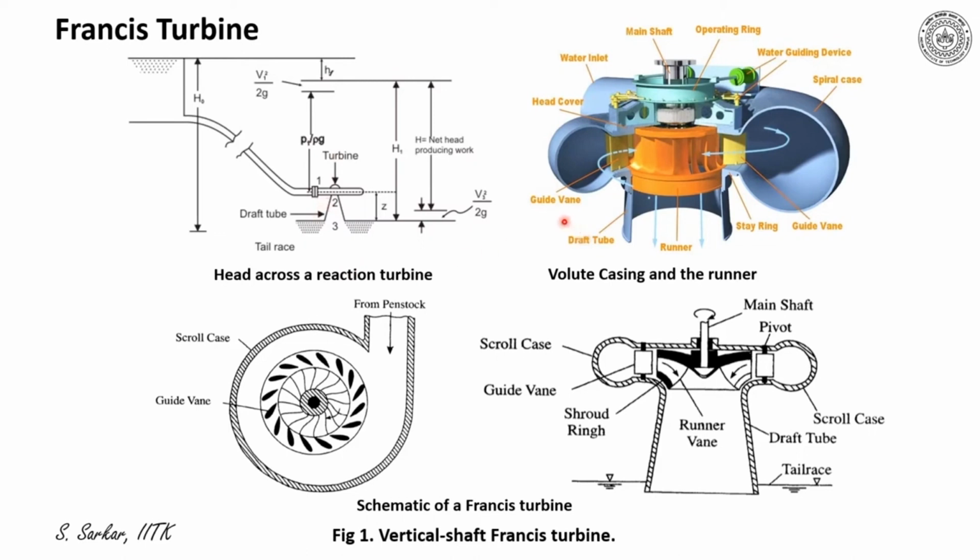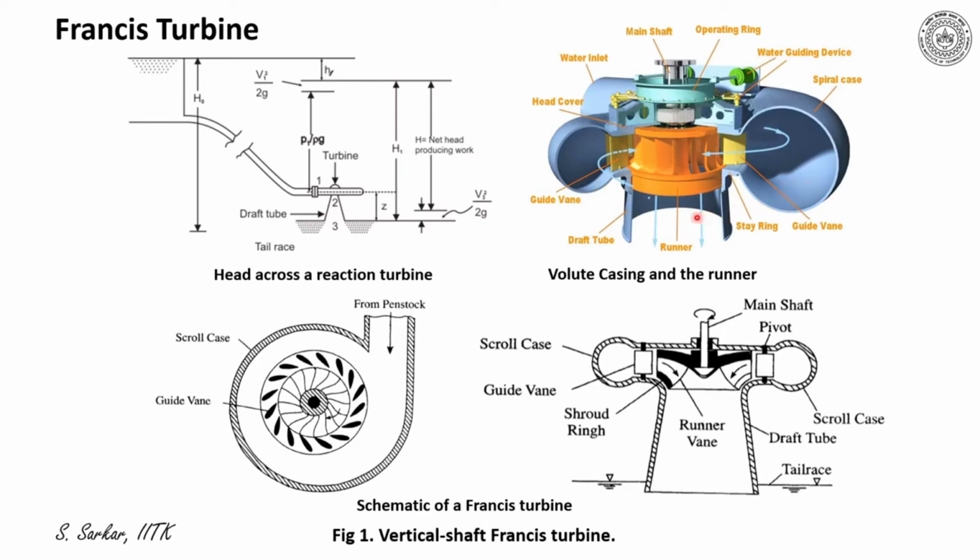Another picture I have indicated here is a solid modeling and the cut section presenting the volute casing and the runner of a Francis turbine. One can appreciate here that water enters by the volute casing, and the area in the volute casing decreases, and thereby it maintains constant speed of the fluid around the impeller.